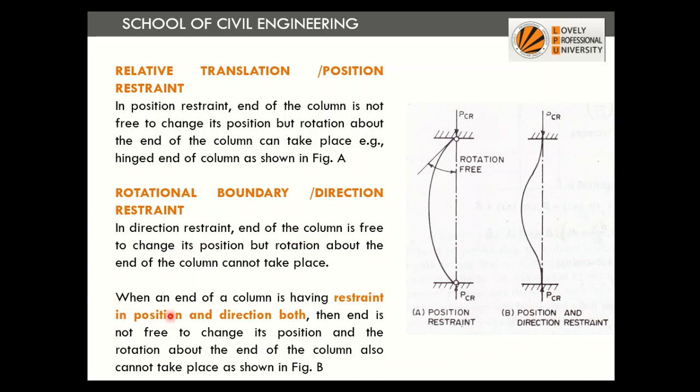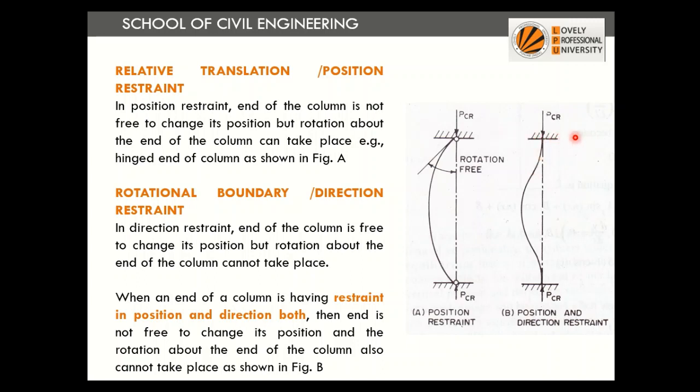Now the third case, which is shown in figure B, shows that when an end of a column is restrained in position and direction both, then the end is not free to change its position and the rotation about the end of the column also cannot take place. This is a case of fixed end.